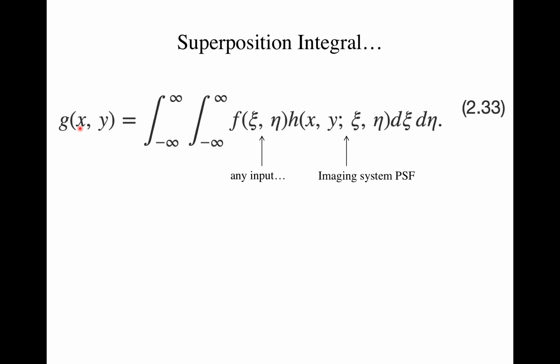And so the value of our picture at an XY point is actually dependent on the object everywhere in the field of view, right?